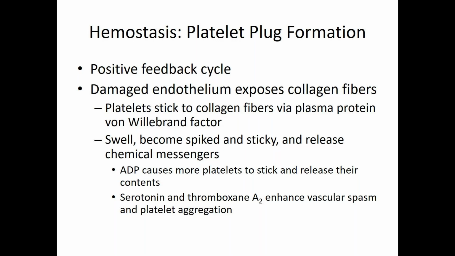And what they're going to do, right, remember these are basically fragments of cell membrane. Right? They've got sticky ends on them. And so damaged or cut tissue, right, these things are going to stick onto those. And they're going to stick onto each other. And eventually we're going to get this swollen mass of platelets that's going to form a plug, right, in the gap, assuming that the gap is relatively small.